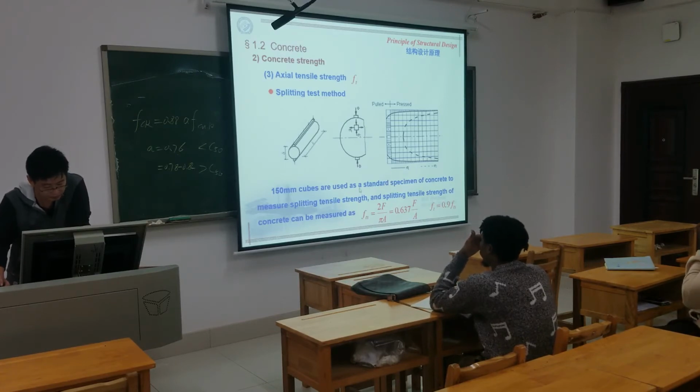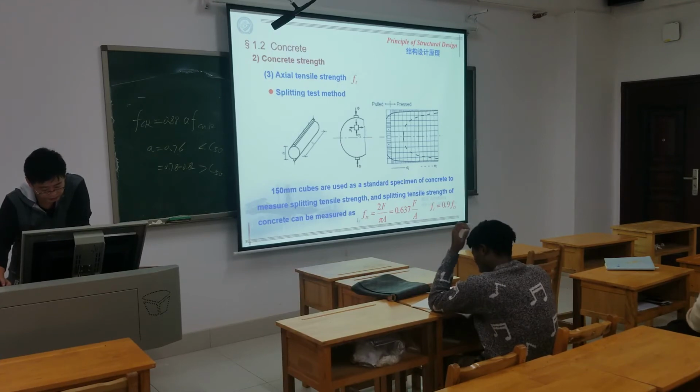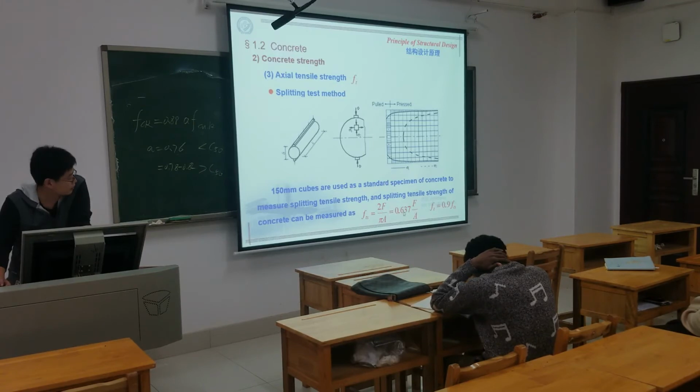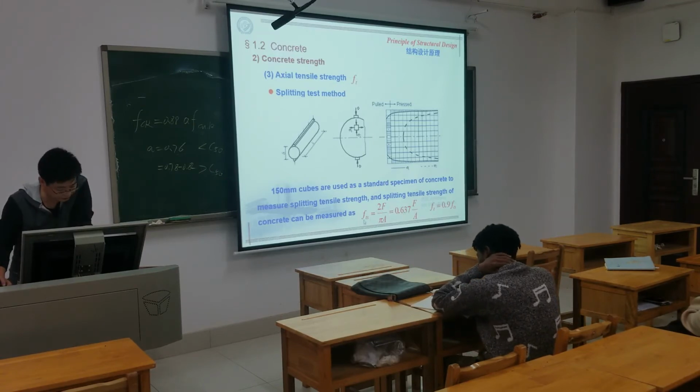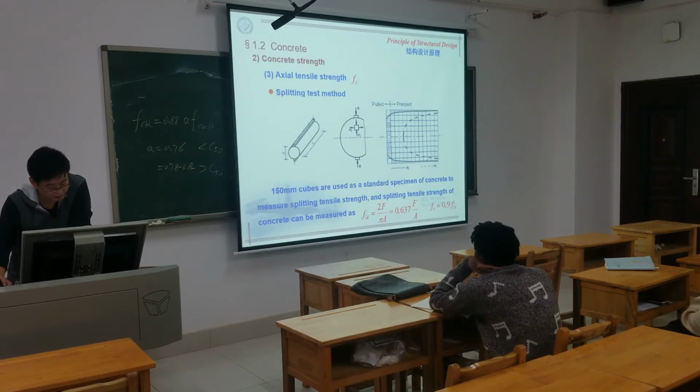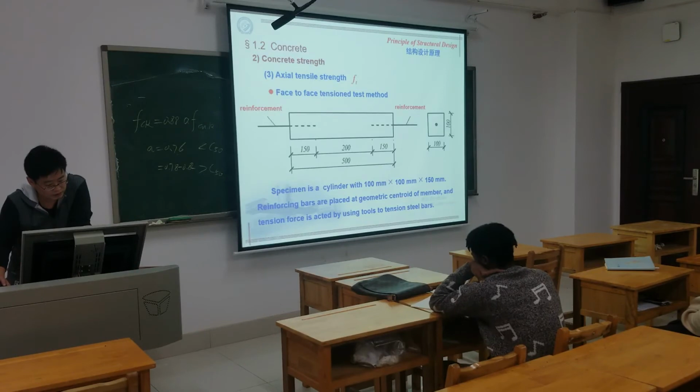But if you want to transfer this value to ft, you use this formula. fts, where s means the splitting test method, and ft is the tensile strength. Here we got the actual tensile strength, so we use ft.